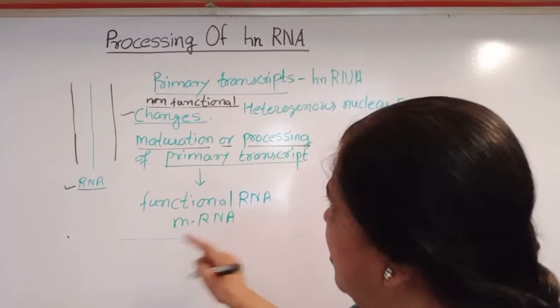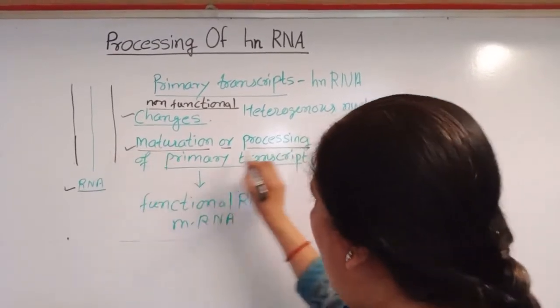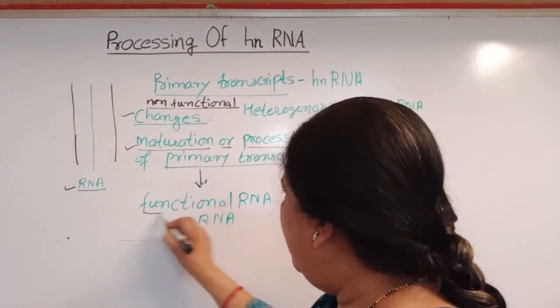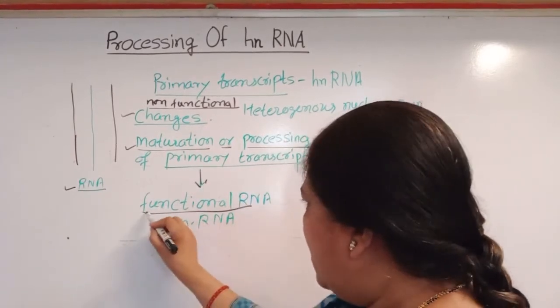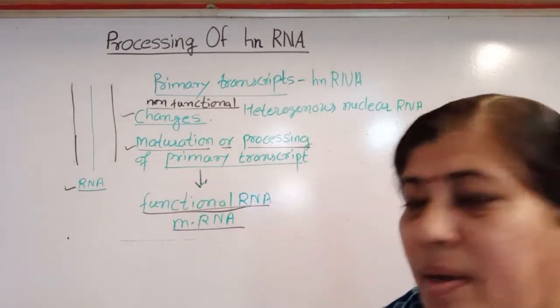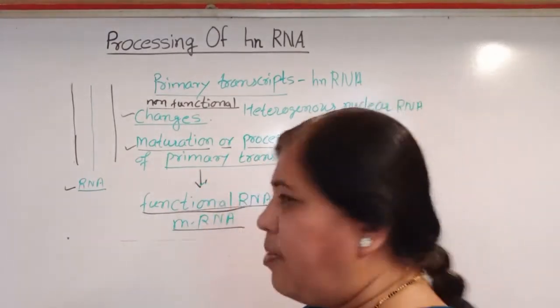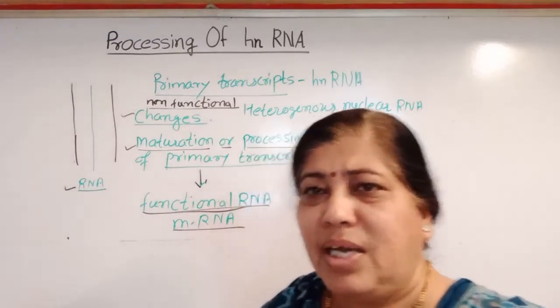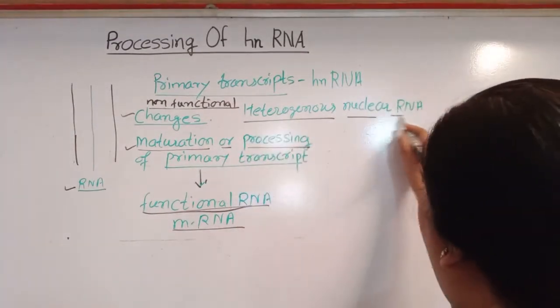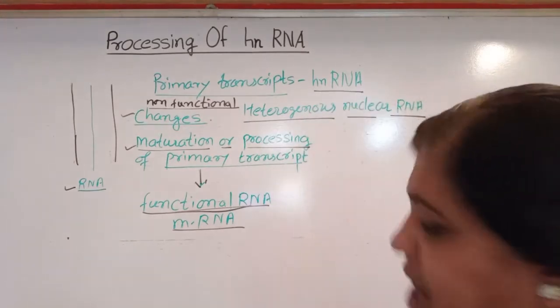After maturation or processing, primary transcript becomes functional, and now this functional RNA is called messenger RNA. But before this maturation, the RNA is called heterogeneous nuclear RNA, that is hnRNA.